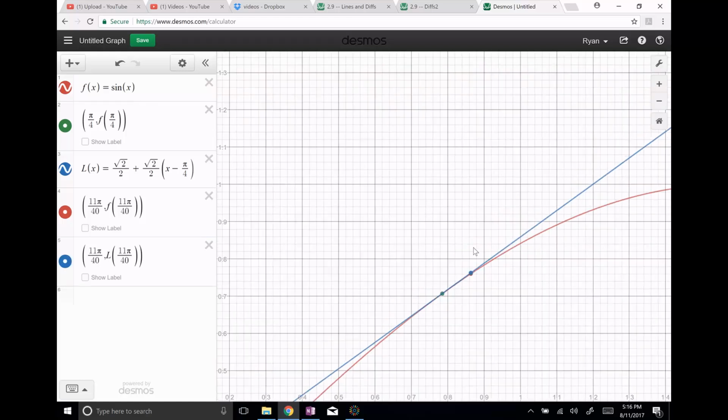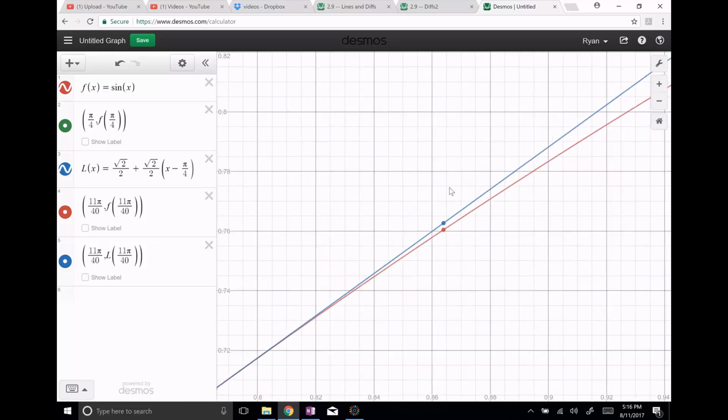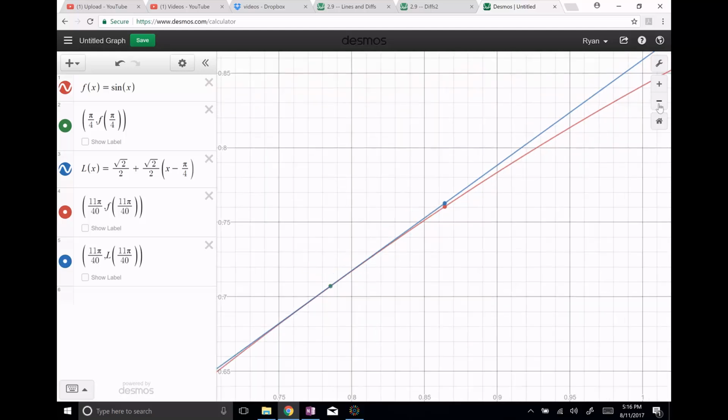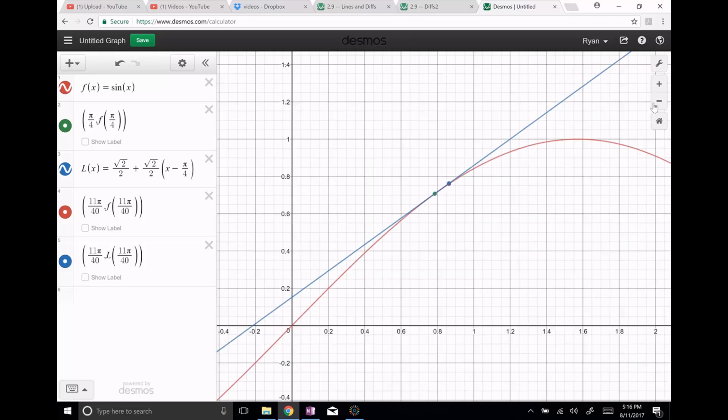And so we can see that the height of this red point and the height of the blue point are very, very close to each other. These points are very, very close to one another. And so we use the tangent line here to approximate the height of sine at 11 pi over 40. And you can see they're actually very, very close to one another. The linearization does a good job.